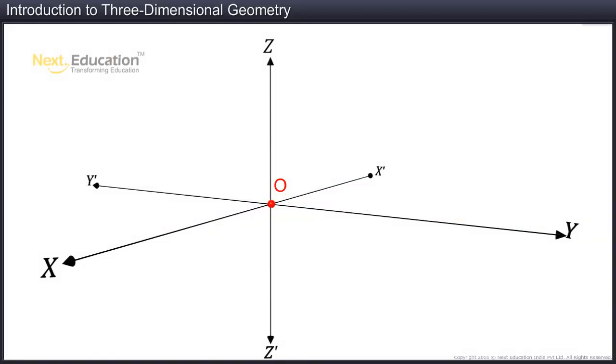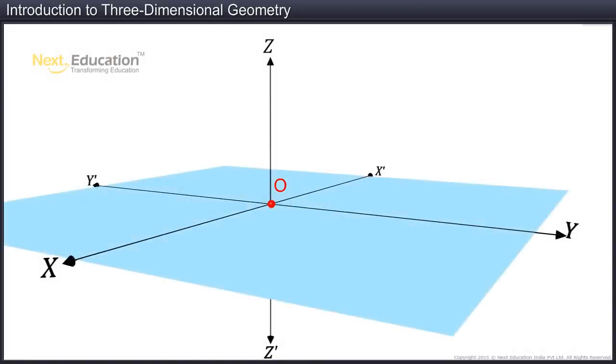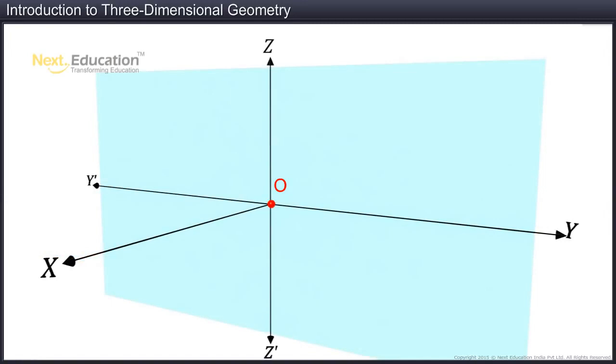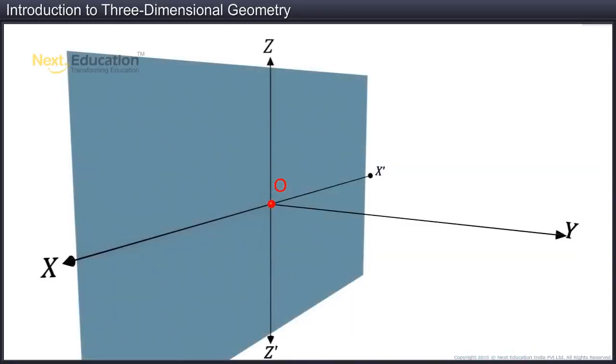The plane formed by the x and y axis is called the xy plane. Similarly, the plane formed by the y and z axis is called the yz plane, and the plane formed by the z and x axis is called the zx plane.